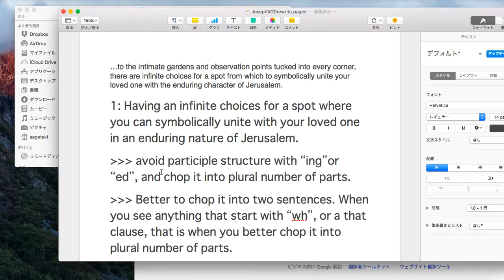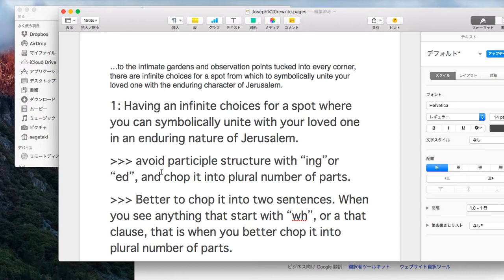Well, I can point out two things. One thing is the context is not really right, because there is a difference between the original context and the rewritten context. The original context says, "Unite your loved one with the enduring character of Jerusalem."